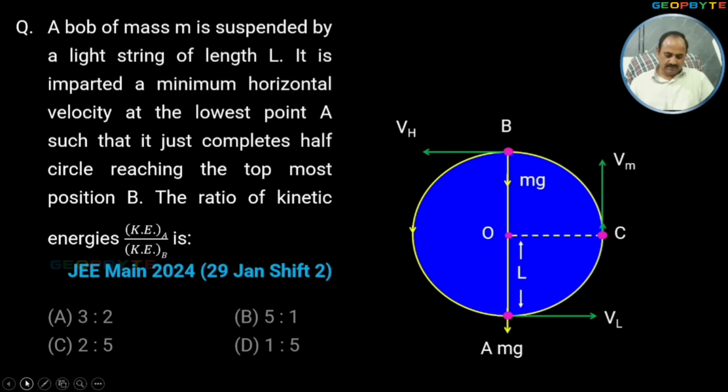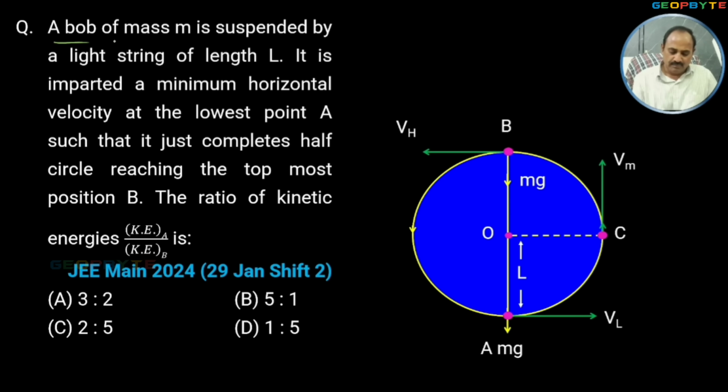Similarly, let us take another problem. Try to read it clearly. It is asking like this: a bob of mass m is suspended by a light string of length L. Look at that length given, the length of the bob with respect to origin O. It is imparted a minimum horizontal velocity at the lowest point A, such that it just completes a half circle reaching the topmost point B. Velocity at B is given as VH.